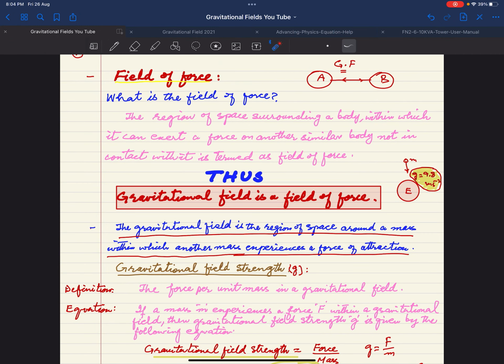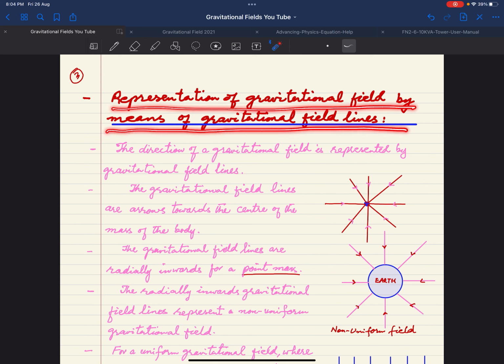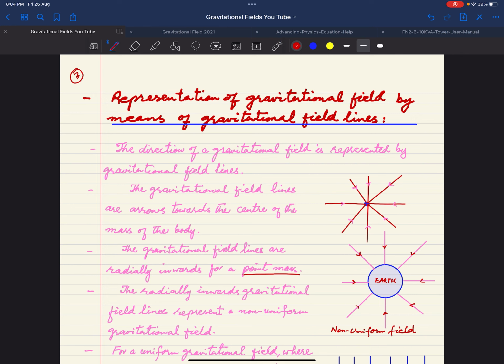But for the time being, here we have another point to remember, and this is the representation of gravitational field by means of gravitational field lines. When you talk about the gravitational field and you have a space, how will you represent it? Suppose here you have the earth and you are dropping a ball.